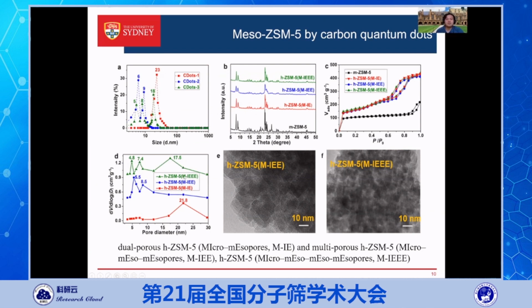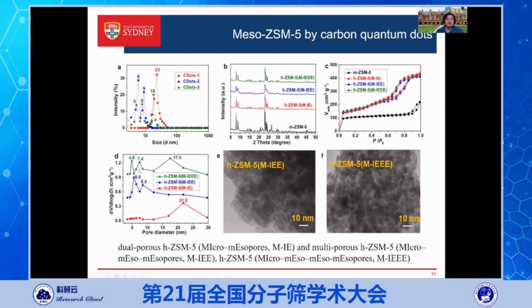So this is micro, and 3 mesoporous, with average particle sizes at 4.8, close to 5, 7.4, close to 8, and 17.5 nanometer, close to 18.